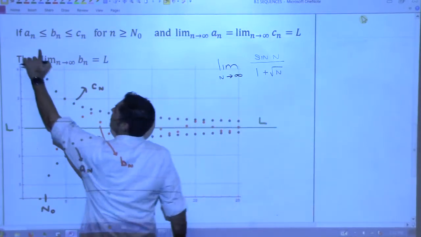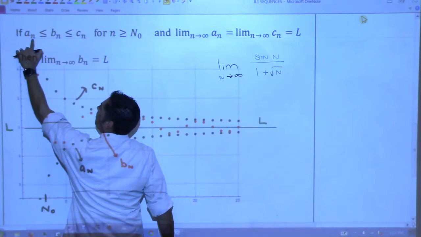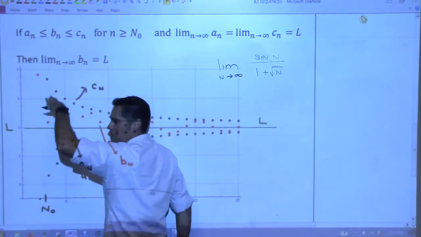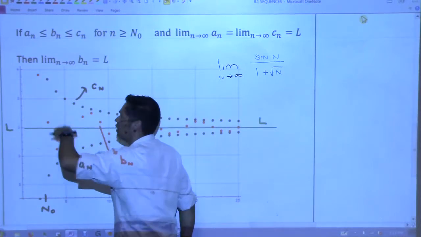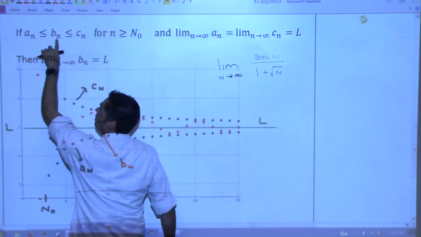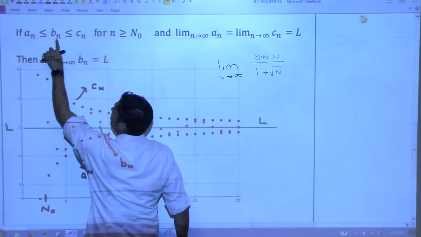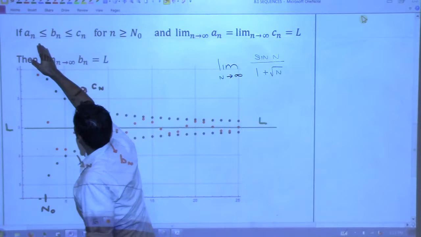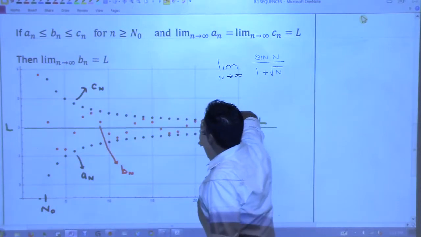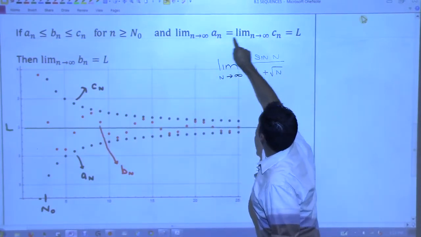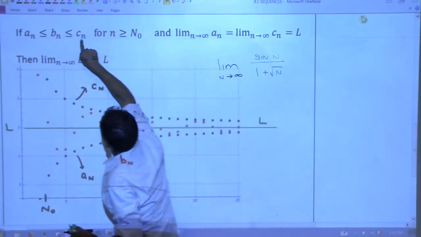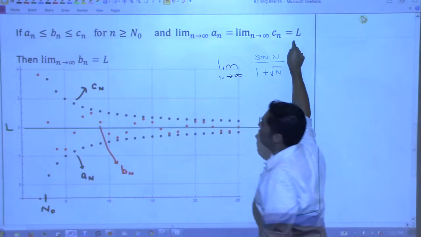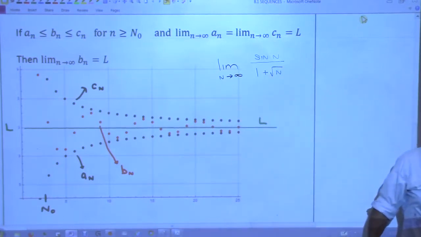So the sequence A sub n, if you were to plot this sequence, is always below or equal to the other sequence, B sub n, and that sequence is always smaller than or equal to C sub n. If that's true, and if the limit of the 2 outer sequences both go to L, then the middle sequence must also go to L.